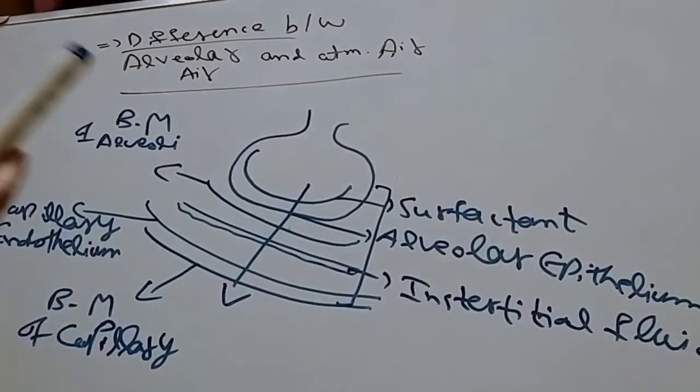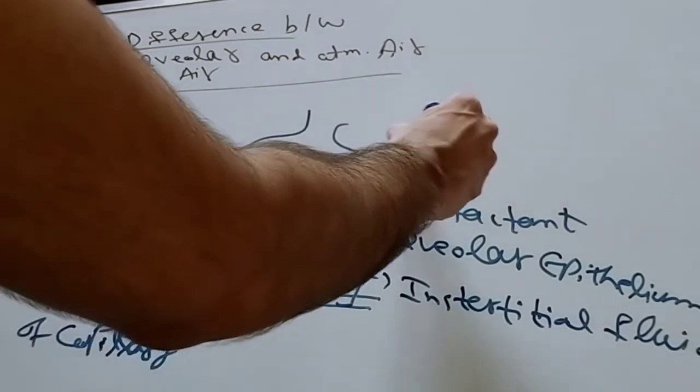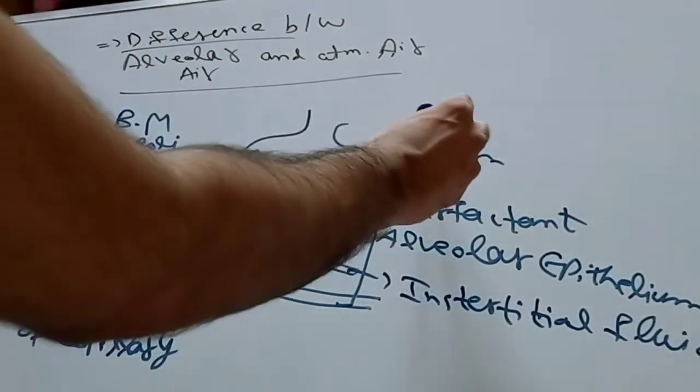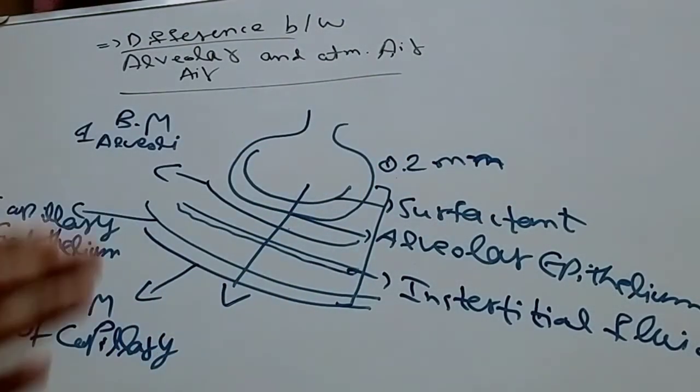So this whole surface is 0.2 millimeter thick. So oxygen has to cross this 0.2 millimeter of barrier to get diffused into the blood.